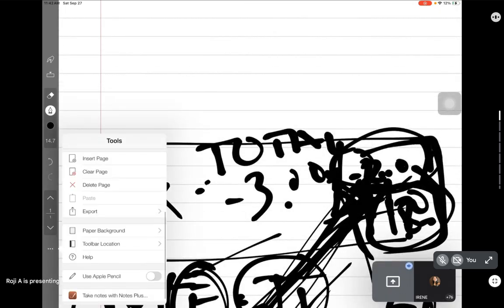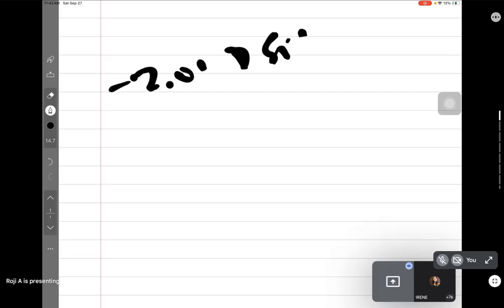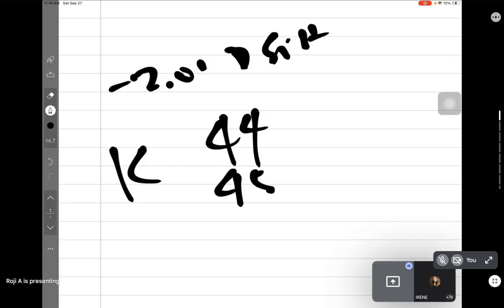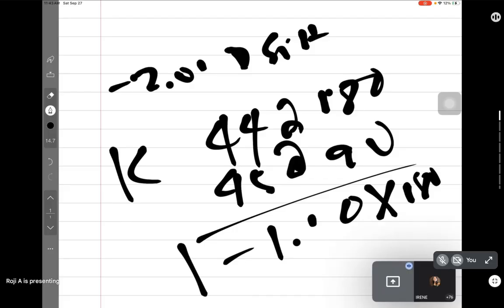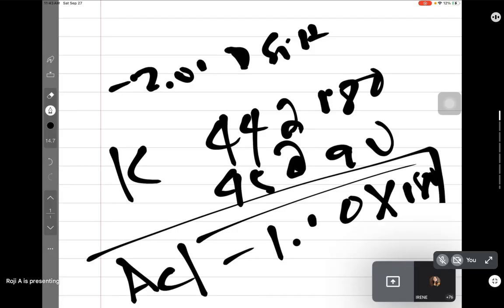Let's have another example to make it clearer or simpler. For example, I have a minus 2 diopter sphere, and my K reading is 44 and 45, let's say at 180 and 90. That should give me minus 1 axis 180. So by looking at my AC alone, this is my external.